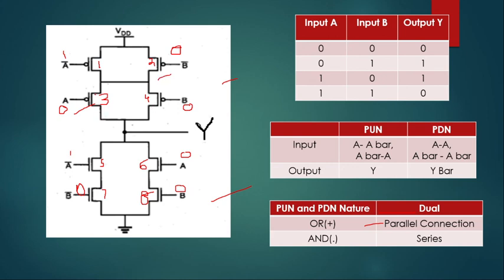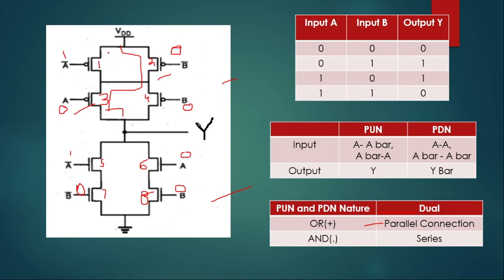So now out of parallel, even if one of them is on, it will work. And here also this B bar is on, that means for parallel any one of them on will work. And for series, this is on and this is on, so your output will get a direct path to VDD through transistors 3 and 2. So this will give you 1.